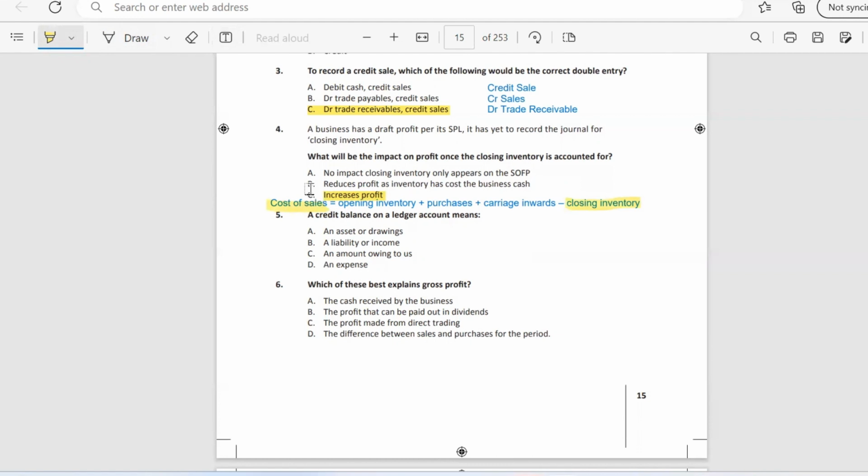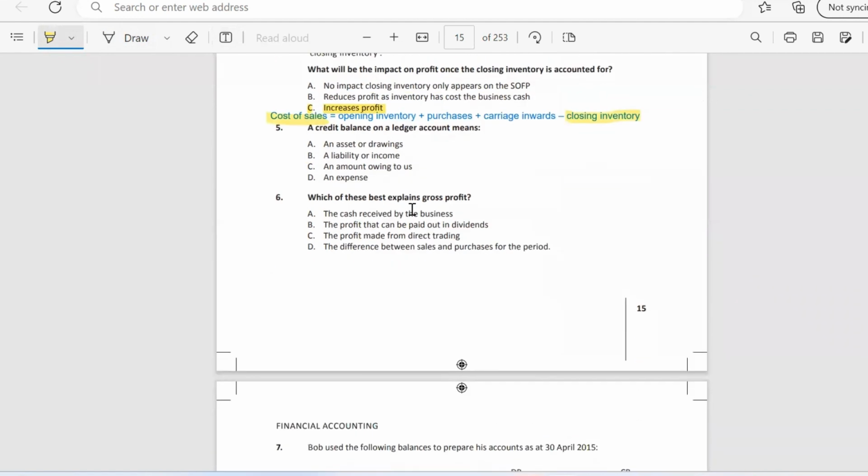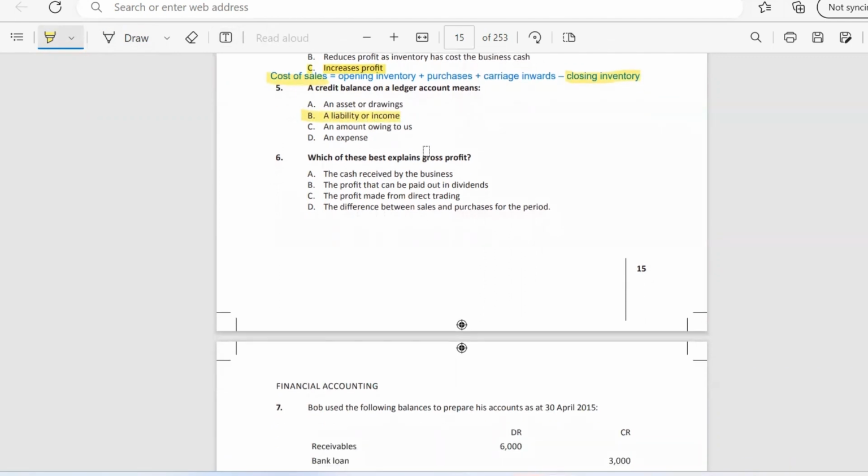Next question. A credit balance on a ledger account means an asset or drawing, a liability or income, so we choose answer B, because it's increased by credit. Next question. Which of these best explains gross profit?